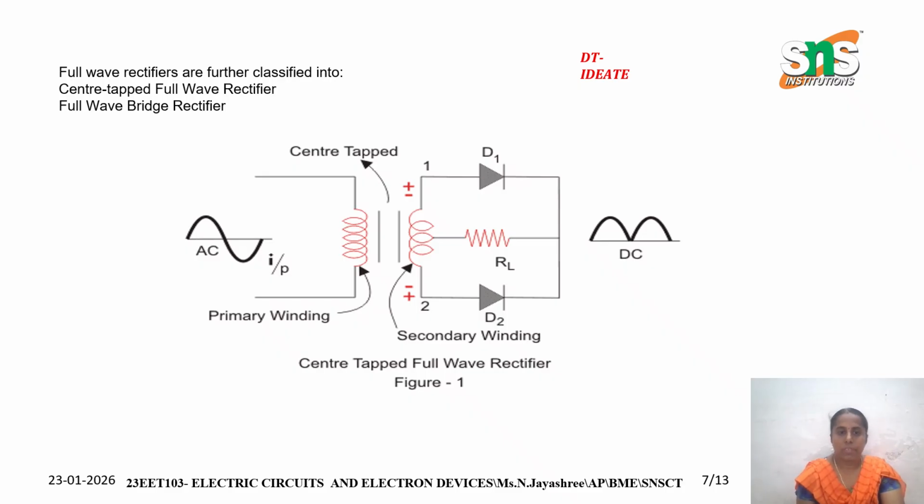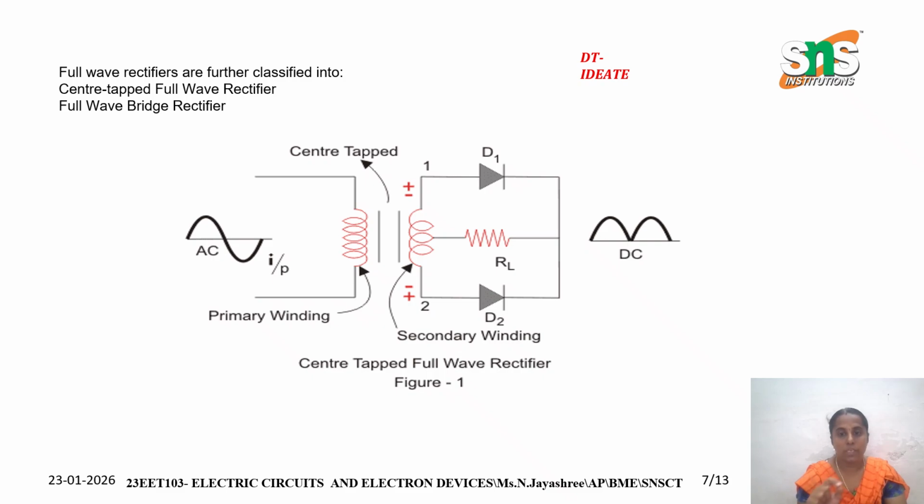In this circuit, the primary winding in the first half is indicated by the AC input. In the secondary winding, the center tap is connected to the second half, which is connected to the diodes D1 and D2. D1 is connected at the upper half and top end of the circuit, and D2 is connected at the bottom of the circuit.